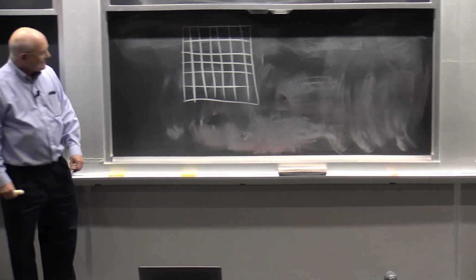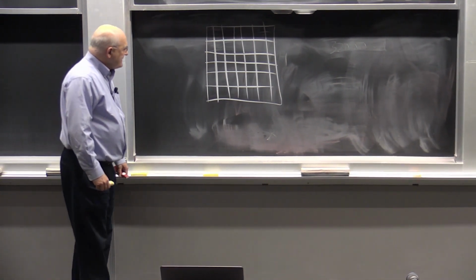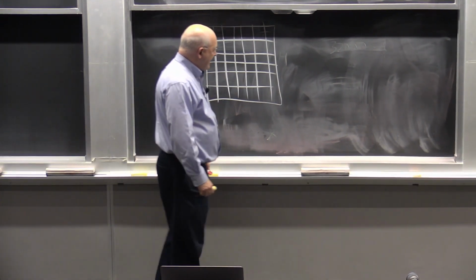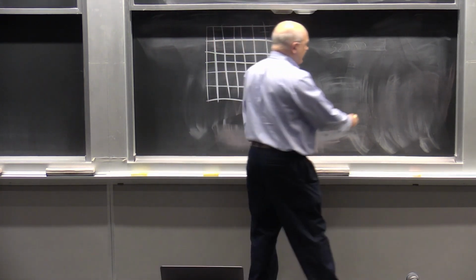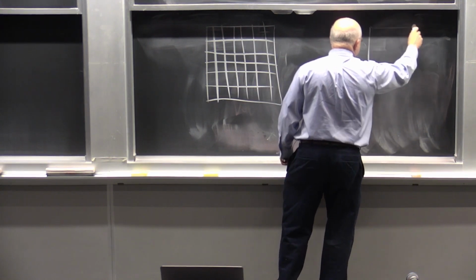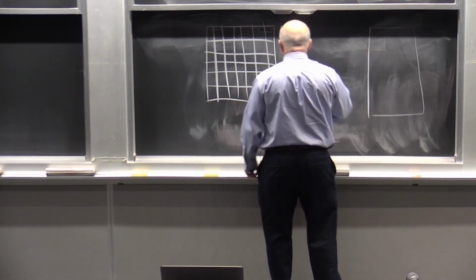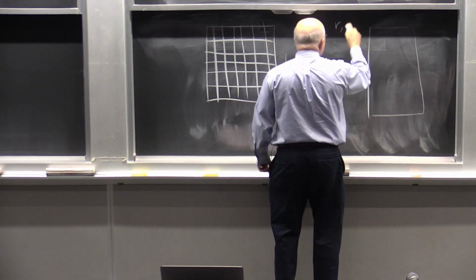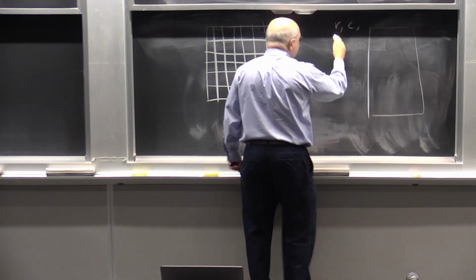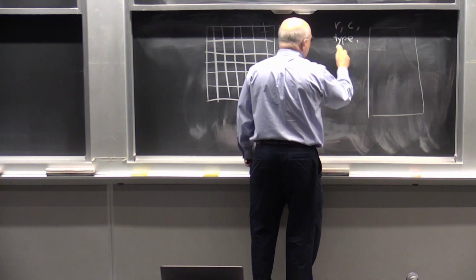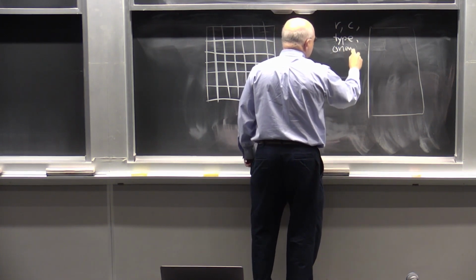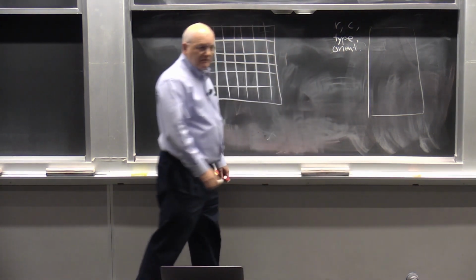Okay. So the idea is that what I'm going to do is have a table of random numbers that I'm going to compute in advance. And this is going to be indexed by my row, my column, my piece type, and my orientation. Okay?